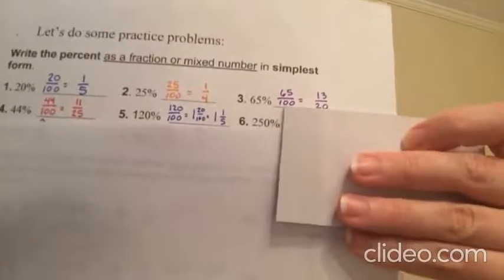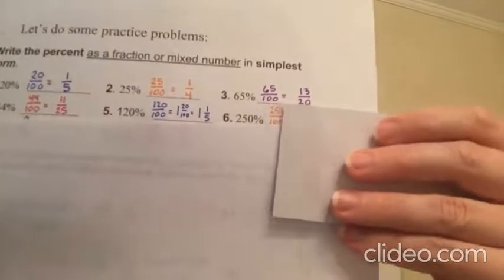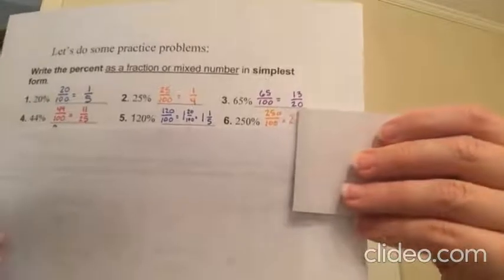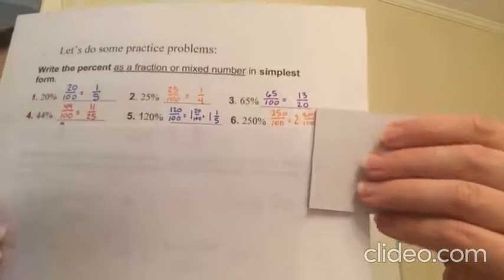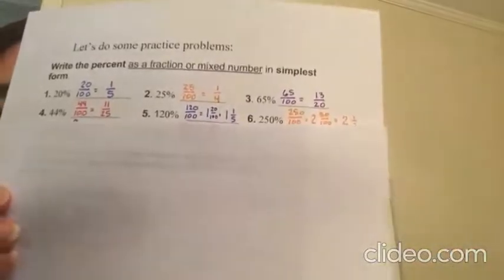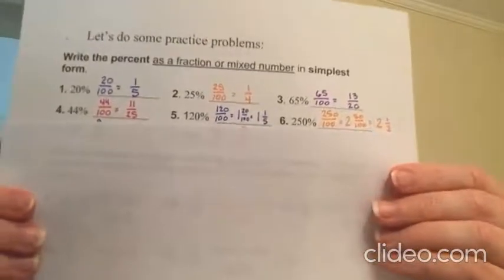Number 6, we have 250%. So 250 over 100, 2 and 50 over 100. So that would give us 2 and 1/2. Okay.